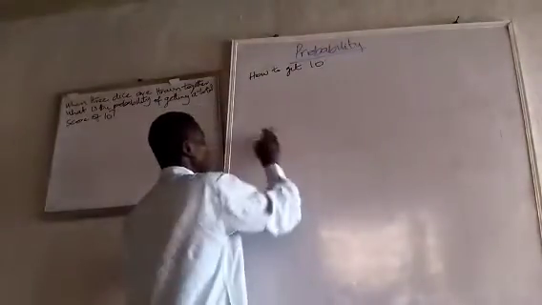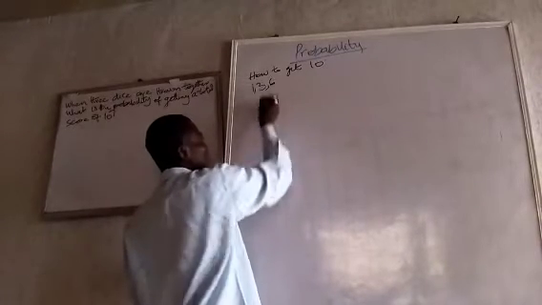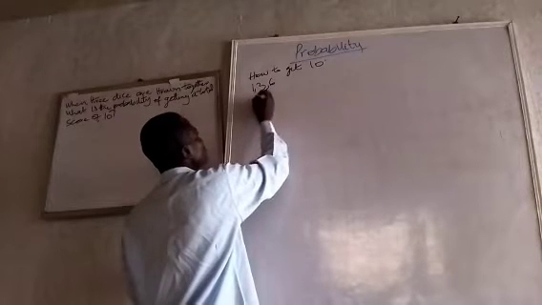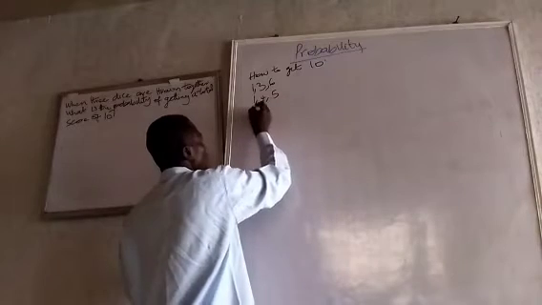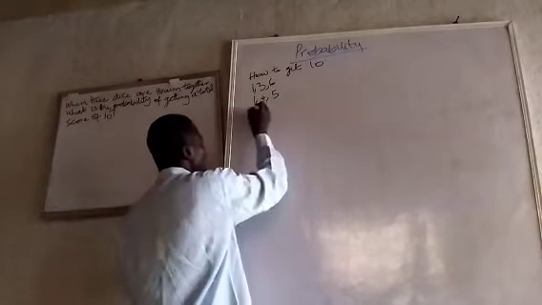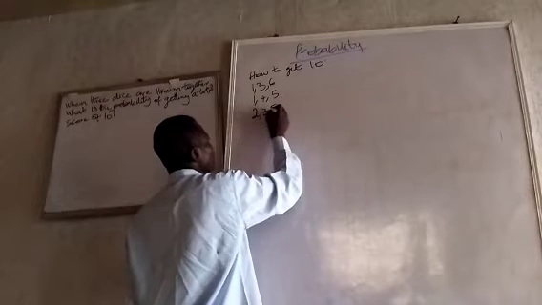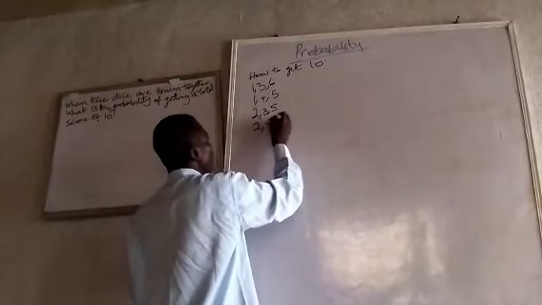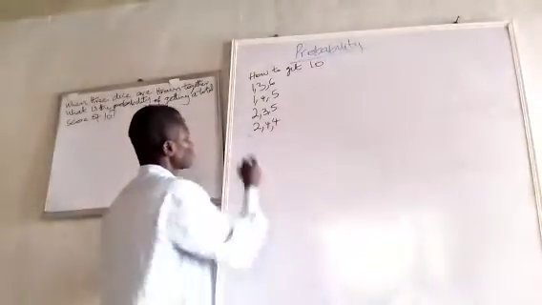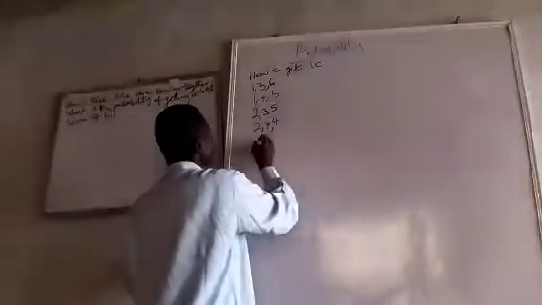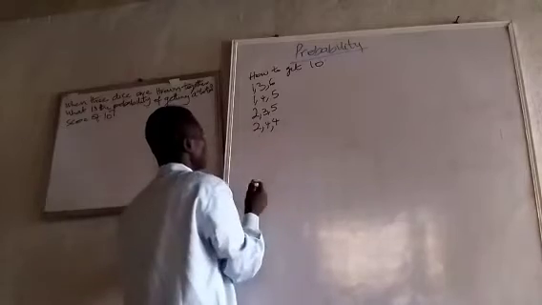into use. I can have 1, 3, 6; 1, 4, 5; 2, 3, 5; 2, 4, 4; and 2, 5, 3, which is the same as before.